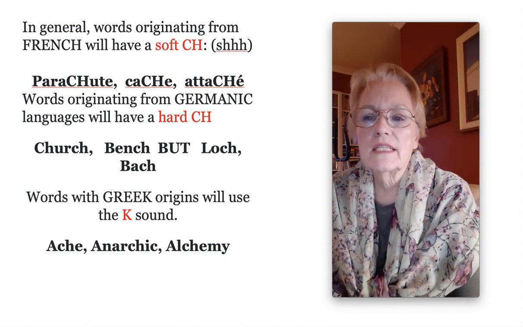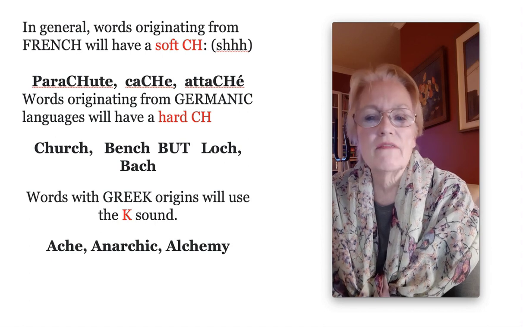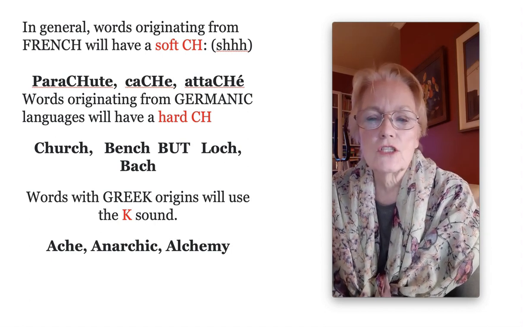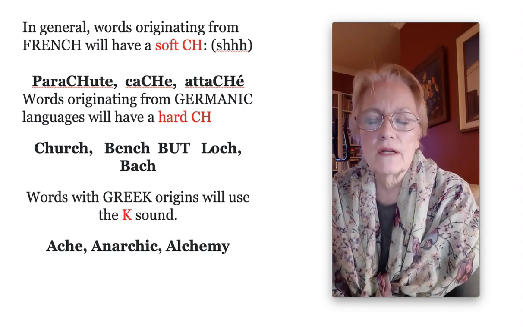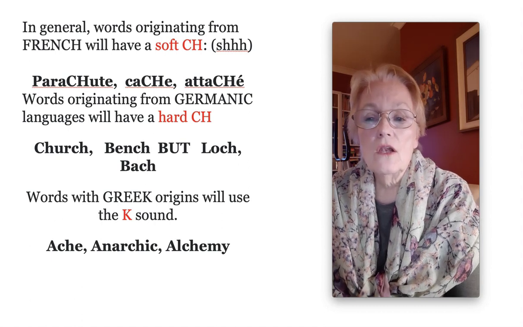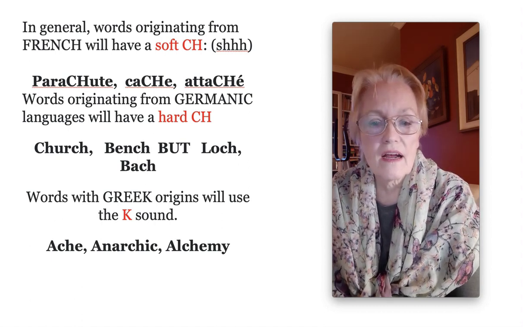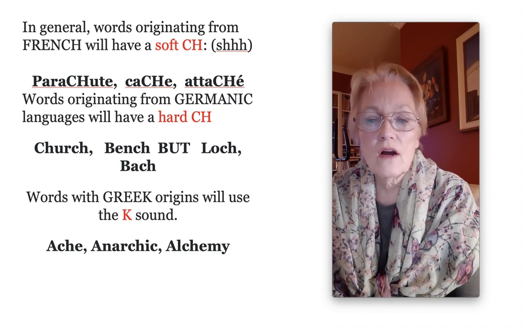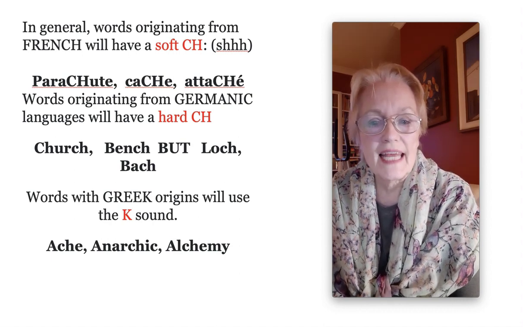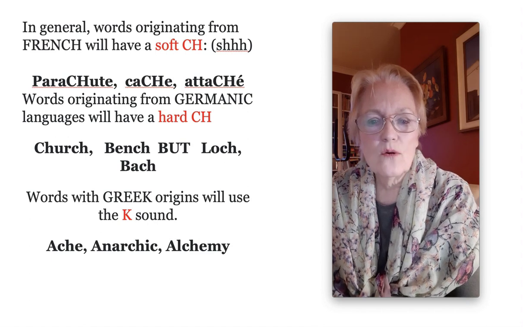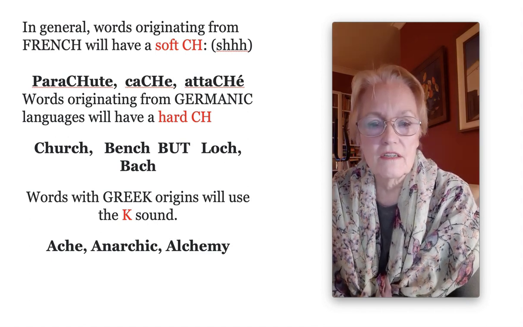Now, words originating from the Germanic languages will have a hard CH. Church, bench. But loch and bach as well. Now, loch today is a Scottish word for lake. All right, they call it loch, Loch Lomond.